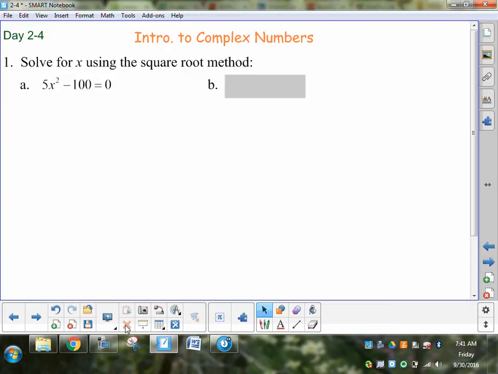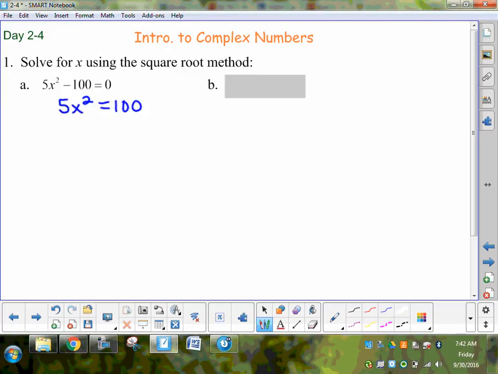Today we're going to go through and work on solving that out. Take a look at the first one up for 1a. We have 5x squared minus 100 is going to be equal to 0. If your task was to solve this out, Vicky, what would you go through and do to start it off? Add 100 to both sides. Good, so that means I have 5x squared is equal to 100. What would we do next from here, Peter?